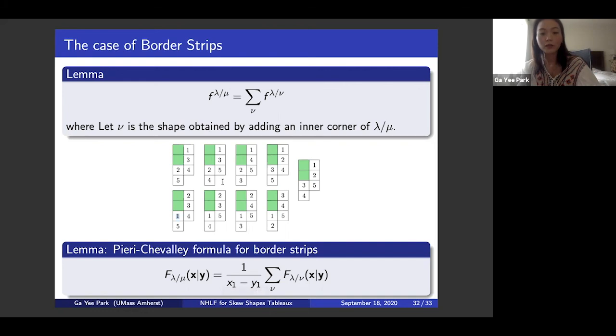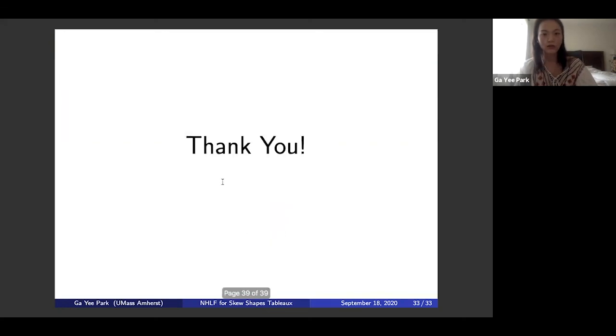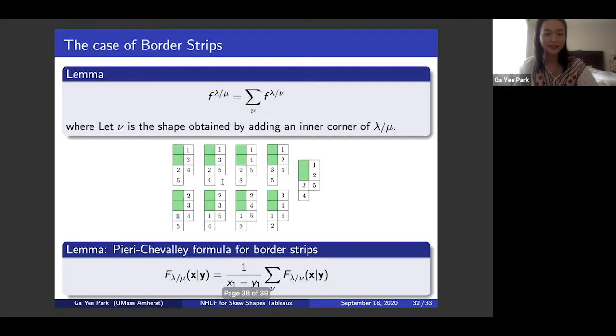And they checked it combinatorially, which is the reason why the border strip matters here. And this is a tableaux formula for the border strip. And once they check the recurrence property for this formula, all they have to do is check the Naruse formula inductively, and you will get the final answer. And yeah, that is it.